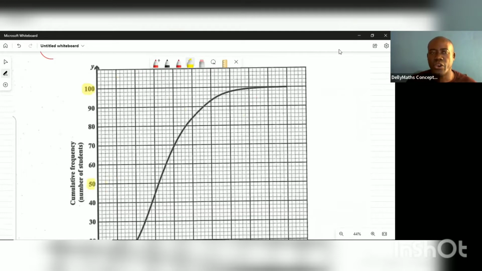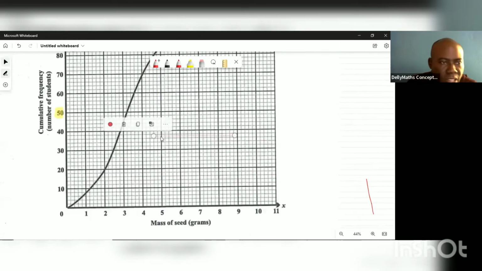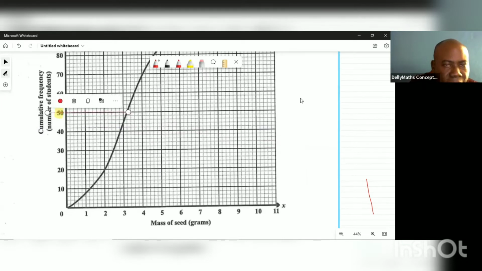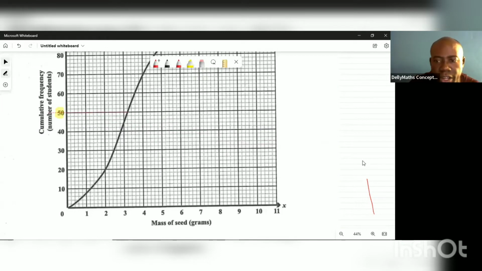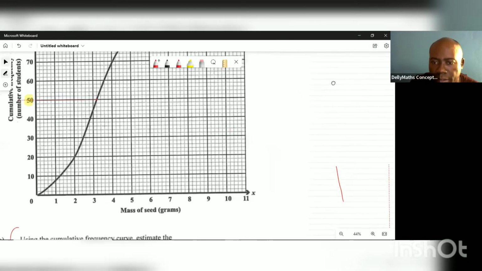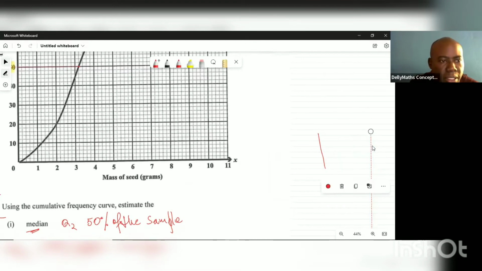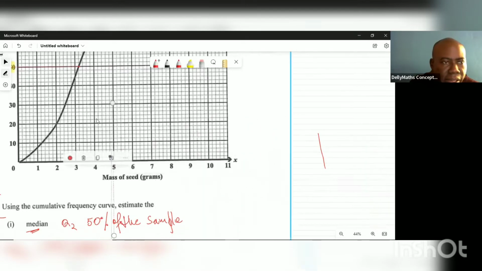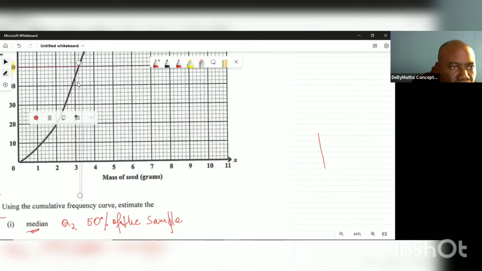At that 50, we're going to come across from 50 and pick a line, go across at 50. Exactly where it touches the curve at 50, we're going to read down. It touches the curve right there, so we take our value down and read off.